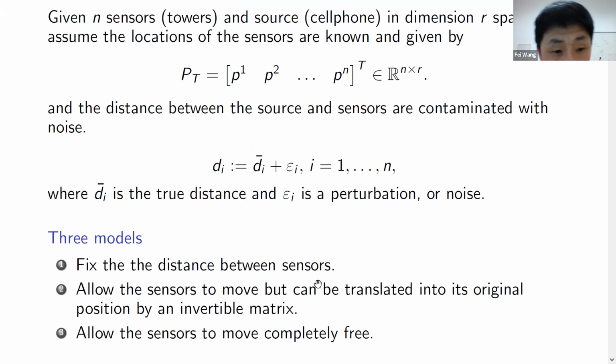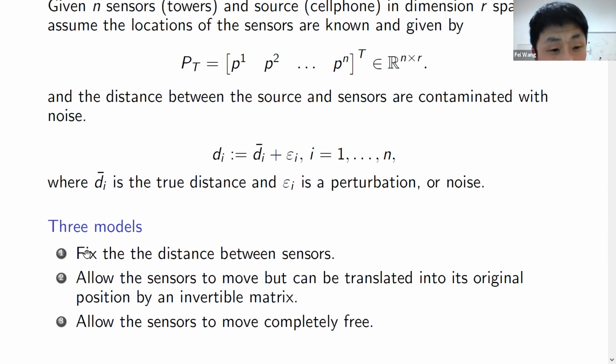So we consider three models. The first model is where we fix the distances between the sensors, or the towers. In the second model, we allow the sensors to move.